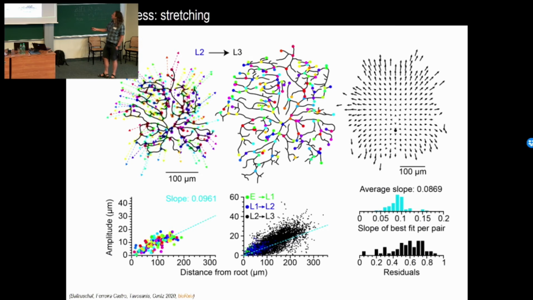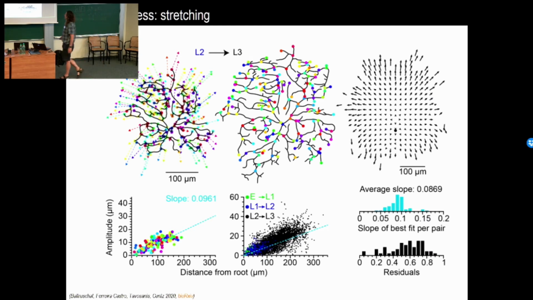I hope you can see this. Of course, there are more branches here, but there are almost none that disappeared. So this is a bit of a special case as well. There's almost no pruning here. And so when we just look at these vectors from the conserved branches, what happens is essentially an isometric stretching. So the dendrite just becomes larger.